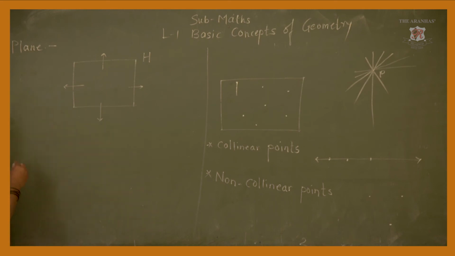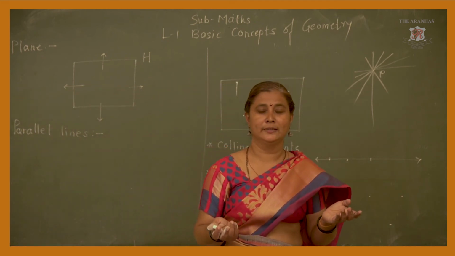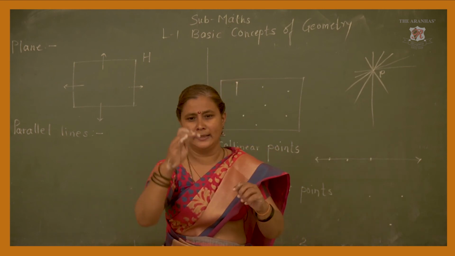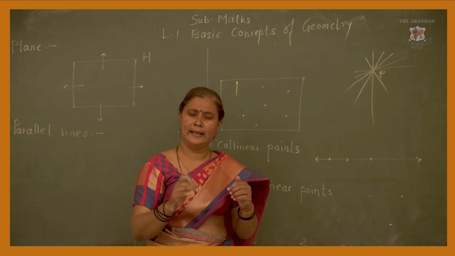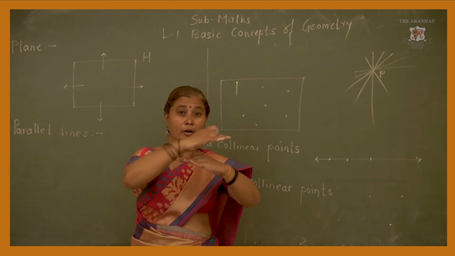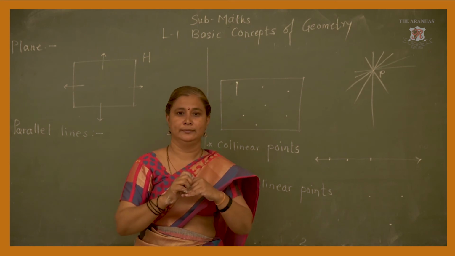Now, parallel lines. If you are writing in your notebooks, we can see so many lines in the notebook. How are those lines? They are straight and they are parallel to each other.